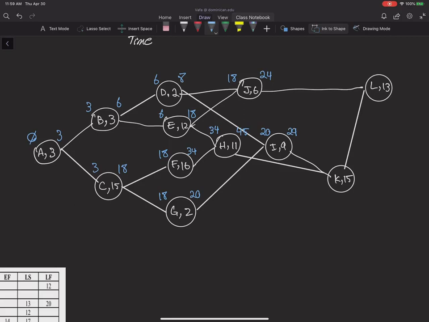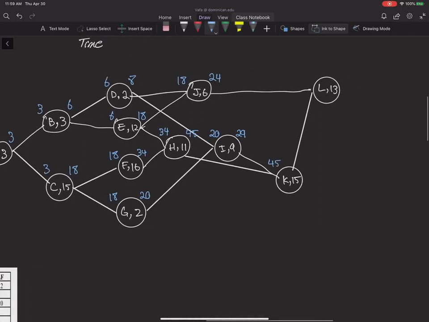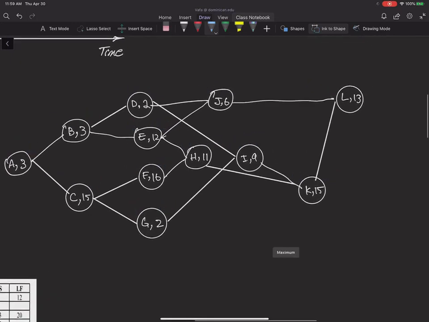Now for K, the predecessors are H and I. So between 45 and 29, I select 45. And 45 plus 15 will give me 60 here. So for L, between 60 and 24, I should select 60. 60 plus 13 will give me 73. So this is my forward pass.